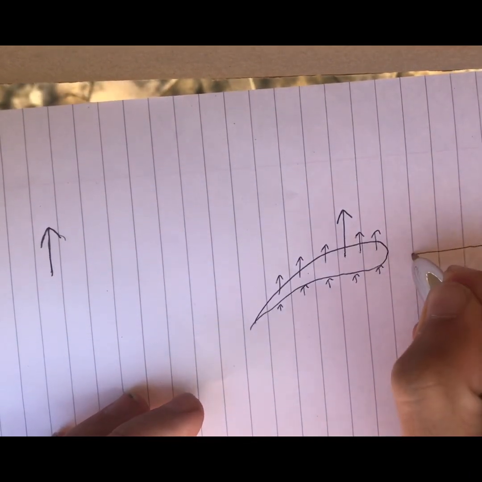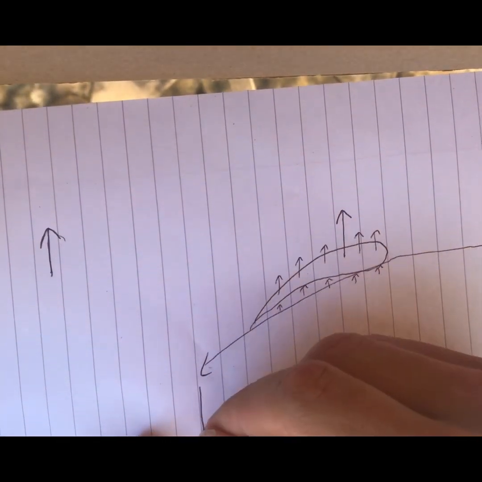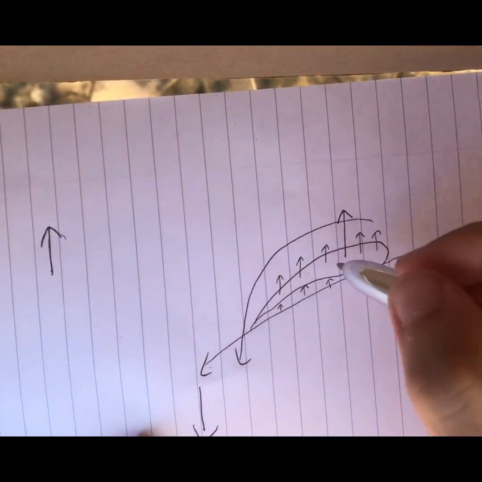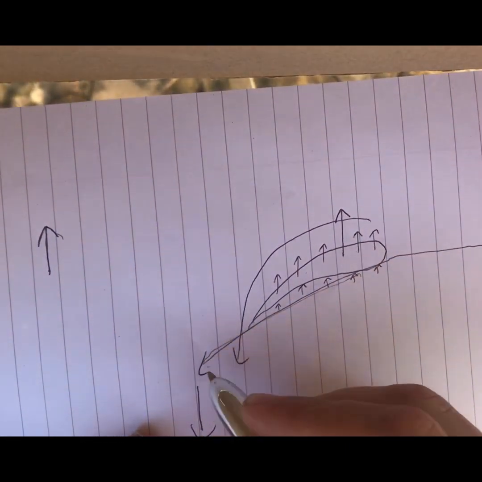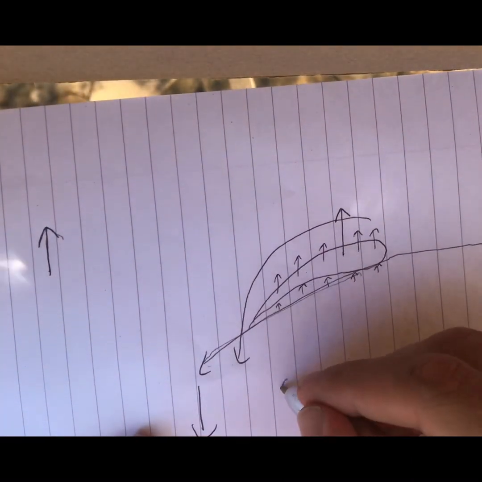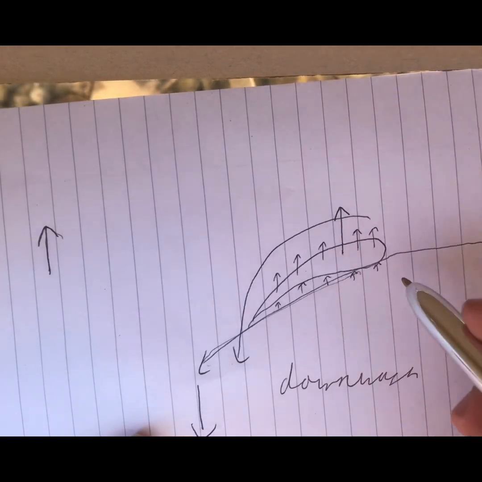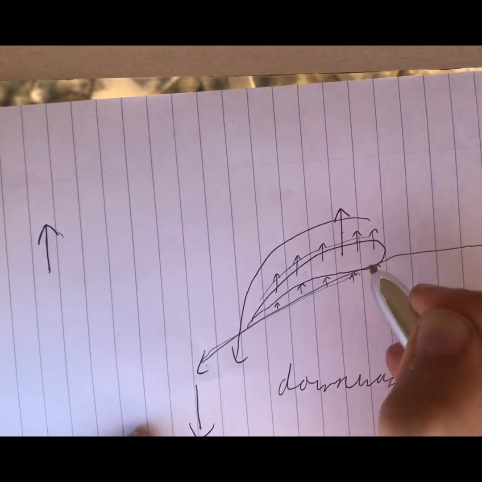So the air comes in and is pushed down by this, which creates a force down. It's not as big as this force down on top, because it's not deflecting it down as much, but there is a little force created by the bottom of the wing called downwash, which also contributes to lift. So, lift, 1/3 through the wing and mostly on the top.